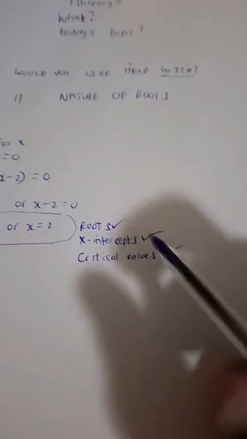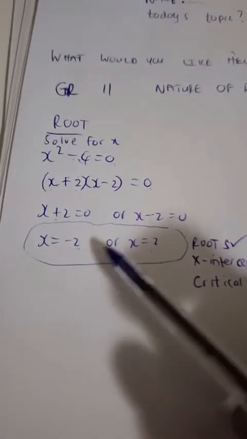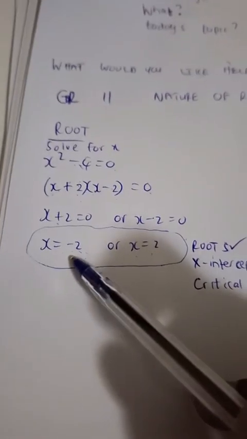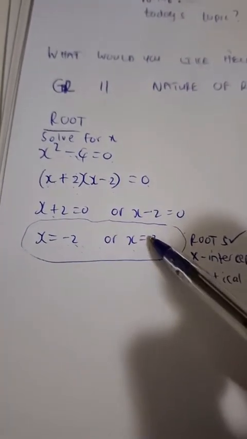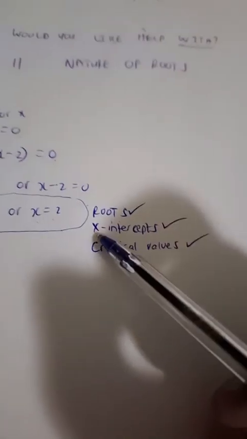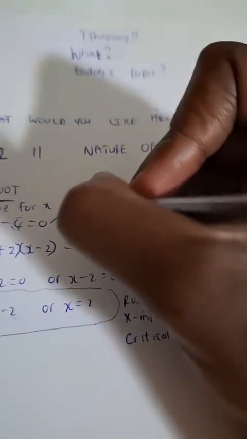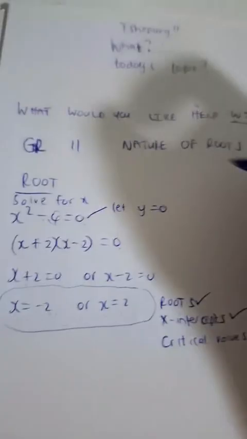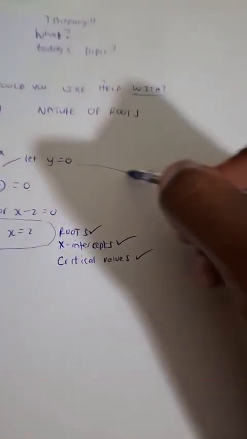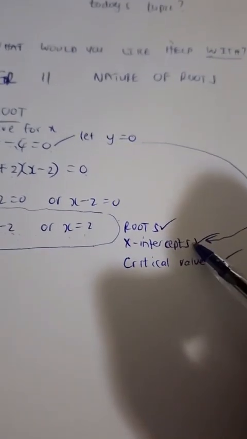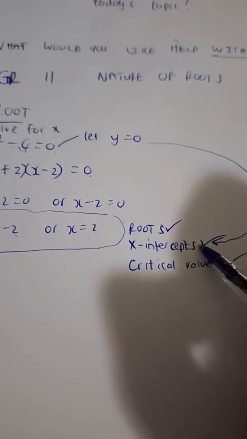Okay, I need you to understand that roots are these solutions, x is equal to minus 2 and x is equal to 2. We also refer to these as x-intercepts. Why? Because when we let y is equal to 0, we actually find x-intercepts according to functions from last year.